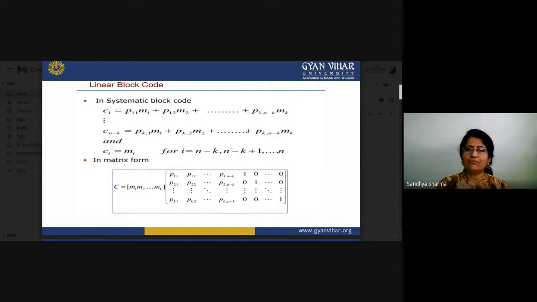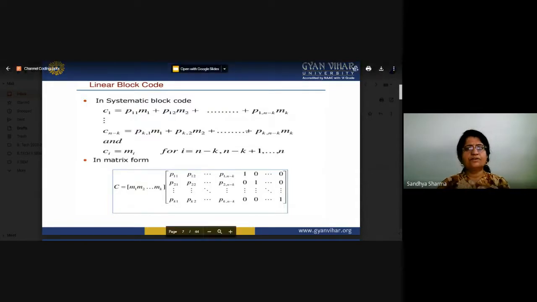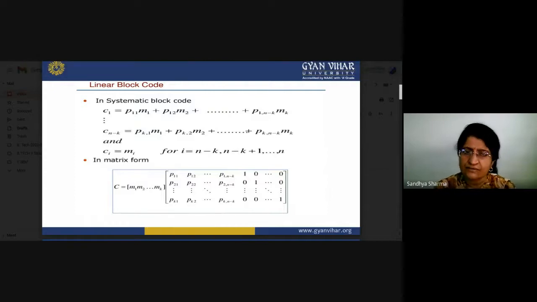There are different combinations of m1 to mk. By using the different combinations of m1, m2, and mk, we make the c1 to c(n minus k) code words, and the starting code words ci equal to mi, where i is n minus k, n minus k plus 1, and so on.